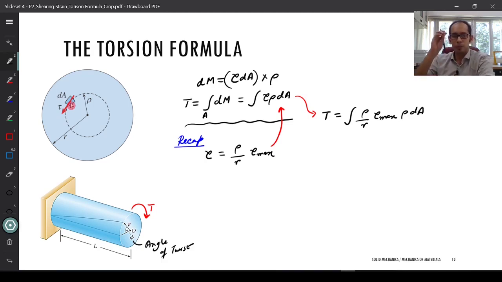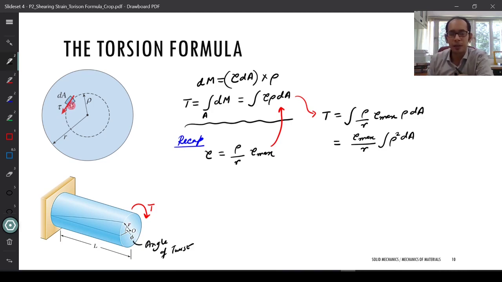Now I can pull tau max by R outside. I'm applying a constant torque T, and tau max is maximum at the periphery, so I can pull tau max by R outside. So what I'm going to get over here is tau max by R times the integral of rho square dA.